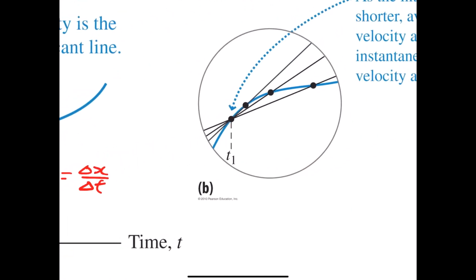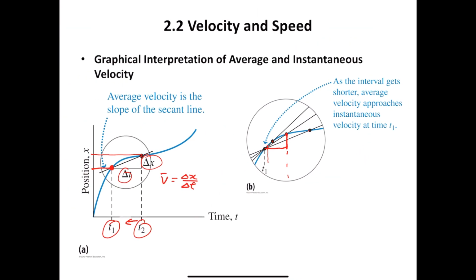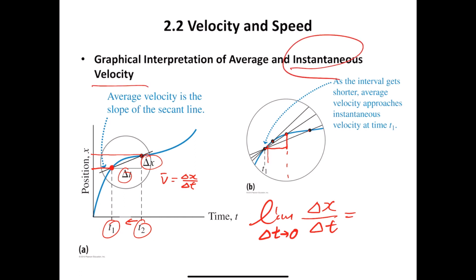Graphically, you push this point to here. Now this is your new average, but this time your time interval is smaller. You keep pushing it until it is so small. This is where the mathematics says you want delta t to approach what? 0. This is what we call instantaneous velocity, the velocity at this point.